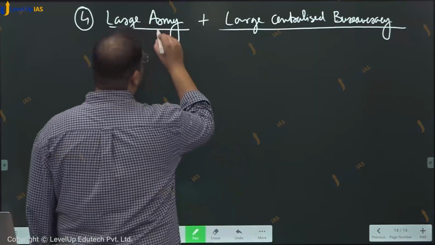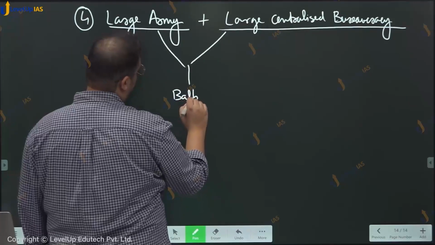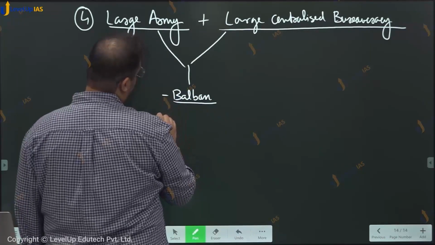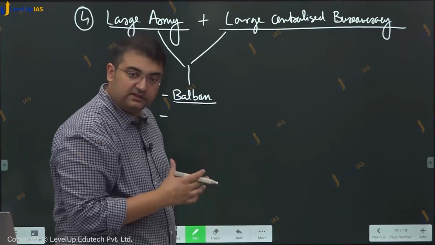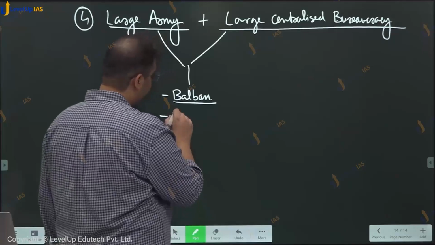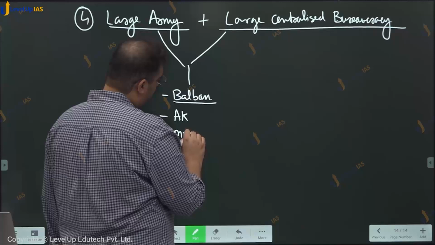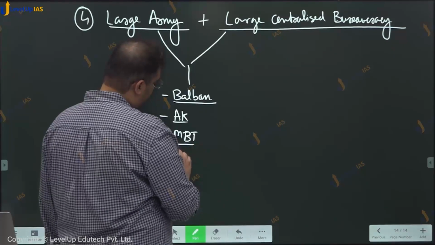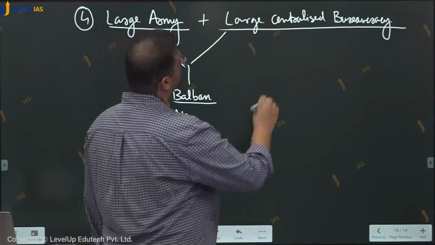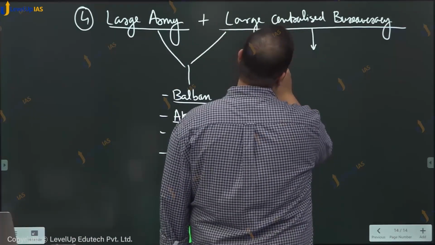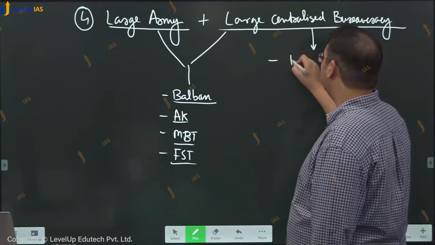Both of these were introduced during the reign of Balban, but were also prominent features during the reigns of the successor sultans, including Alauddin Khilji, Muhammad bin Tughlaq, and to a lesser extent even Firoz Shah Tughlaq.